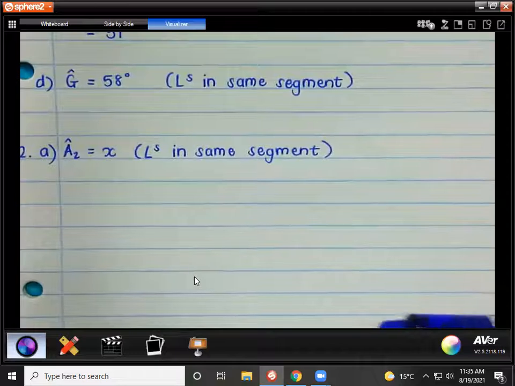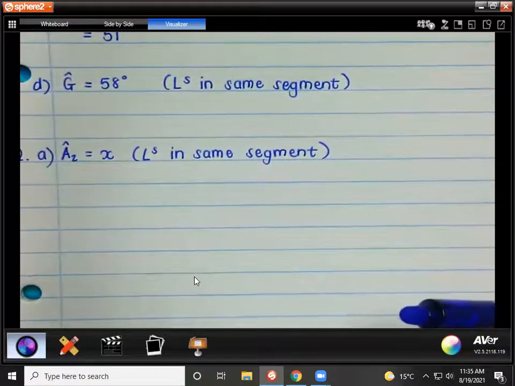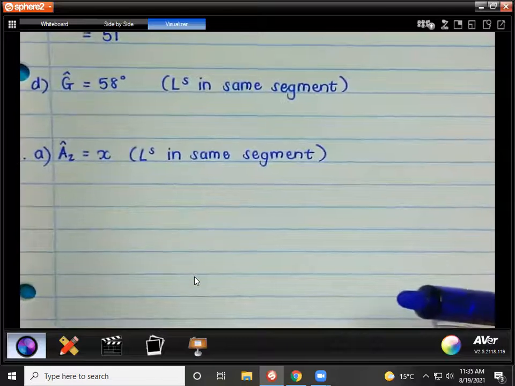Right, so A2 is equal to X, angles in same segment. Okay, let's go back to the picture.